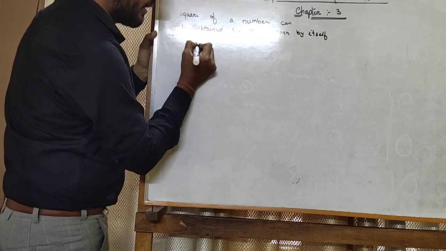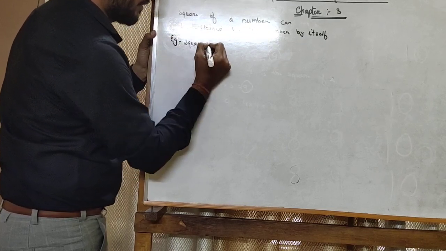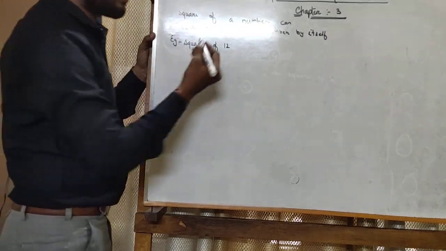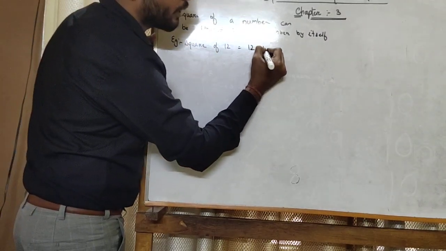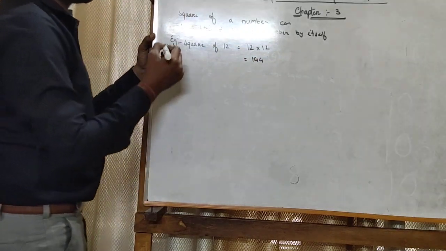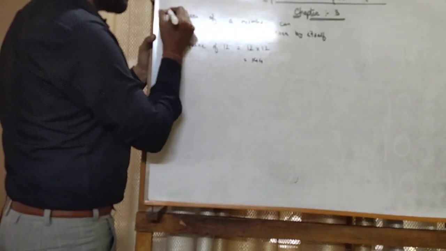Suppose you want to find the square of 12. You will multiply 12 into 12 and you will get 144. So this is the definition of a square of a number.